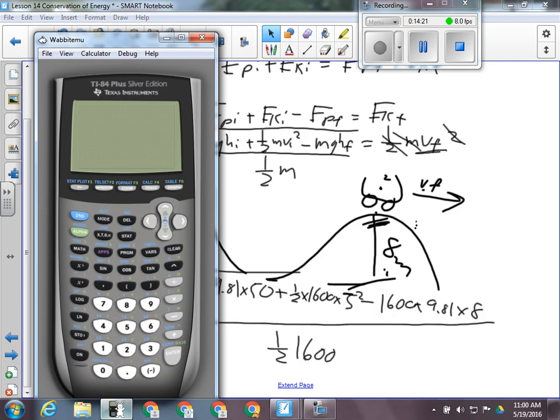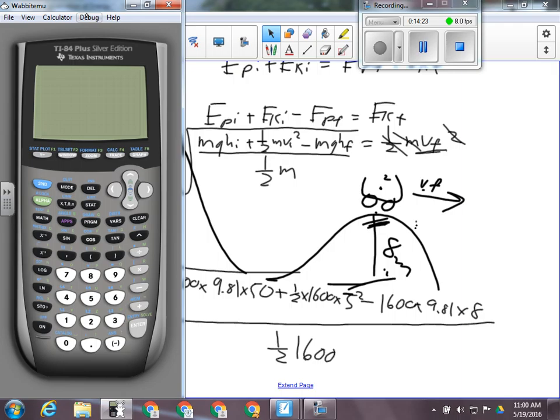Now when you're punching this into your calculator, it's a bit of typing. What I do is I just do it one piece at a time. So I'm going to have my 1,600 times 9.81 times 50. So I've got that number. Now I'm going to add that to 0.5 times 1,600, so I'm doing my kinetic energy now, times 5 squared. Now I've got the total mechanical energy at this point.